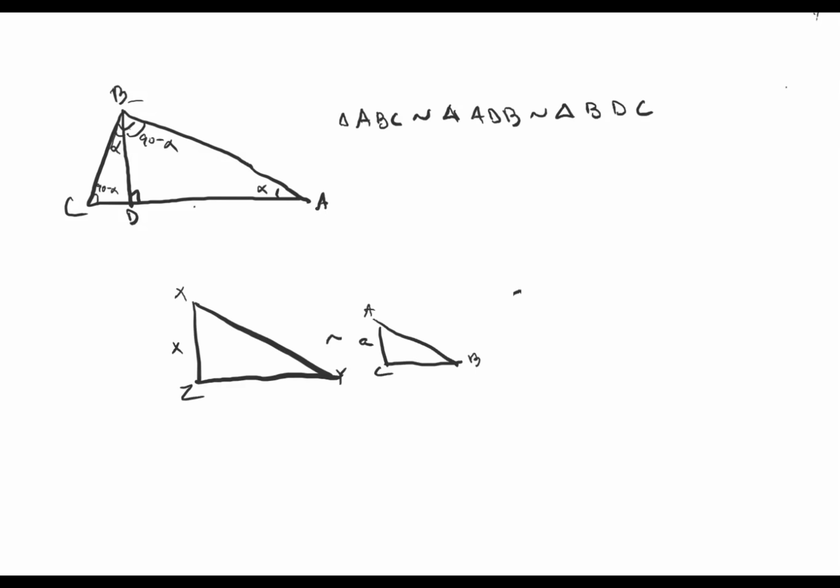We know that the area of XYZ over the area of ABC is equal to X over A squared. Does that make sense? Is this something that we need to go over, or is this something that you guys already know? Oh, you did not know that? Okay, that's okay. All right.